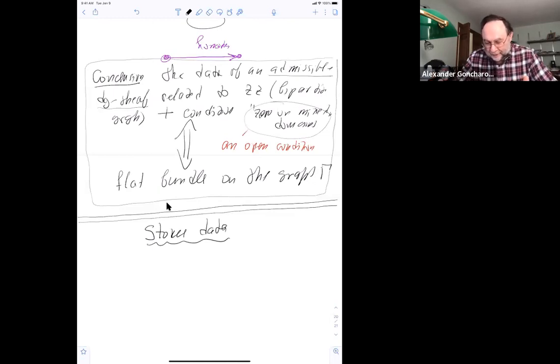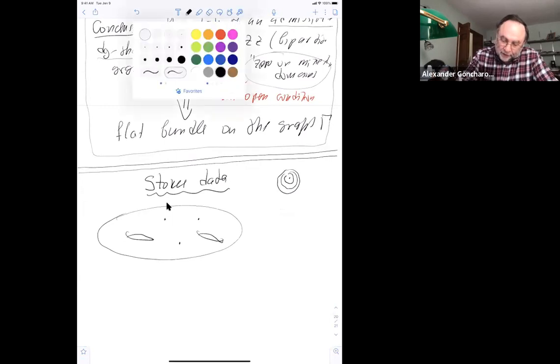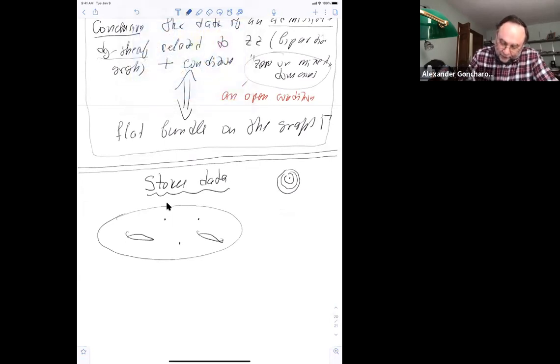Namely, basically what I'm going to say is that if you have a surface and some special points, punctures on the surface, then instead of drawing these concentric circles, you can draw some other curves which go around, but they intersect. This picture is not completely adequate, so there are 3 of them, maybe this way.